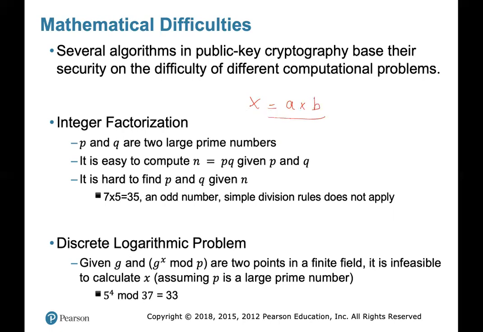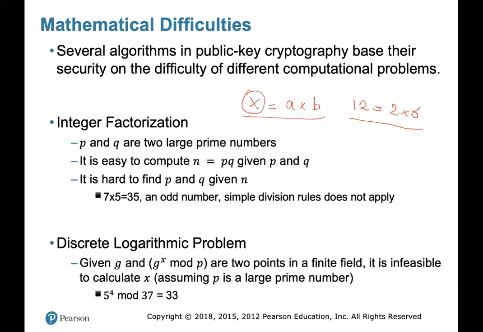If you give me x and I can find a and b such that a times b equals x, I can claim that I could factorize x. For example, 12 can be factorized as 2 times 6, right? So this is the factorization process.